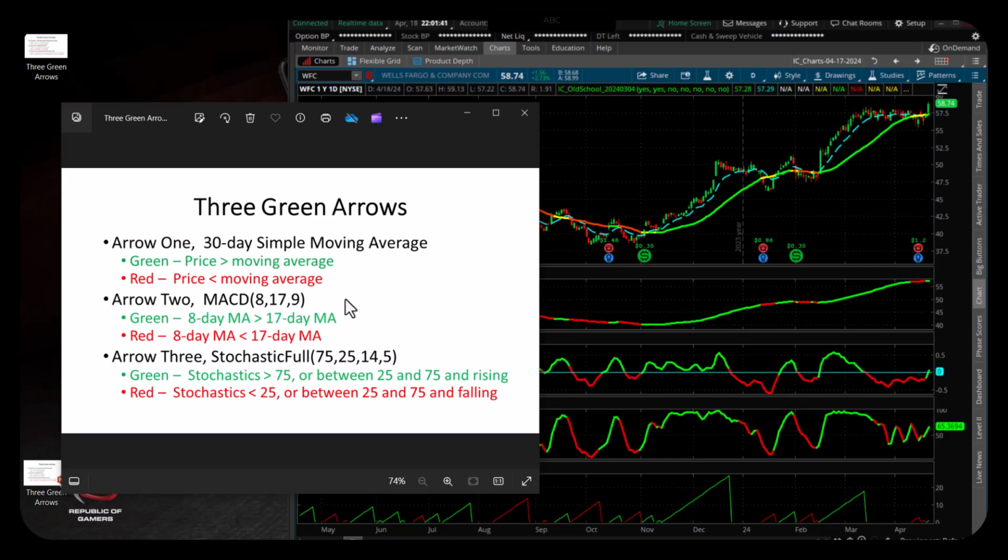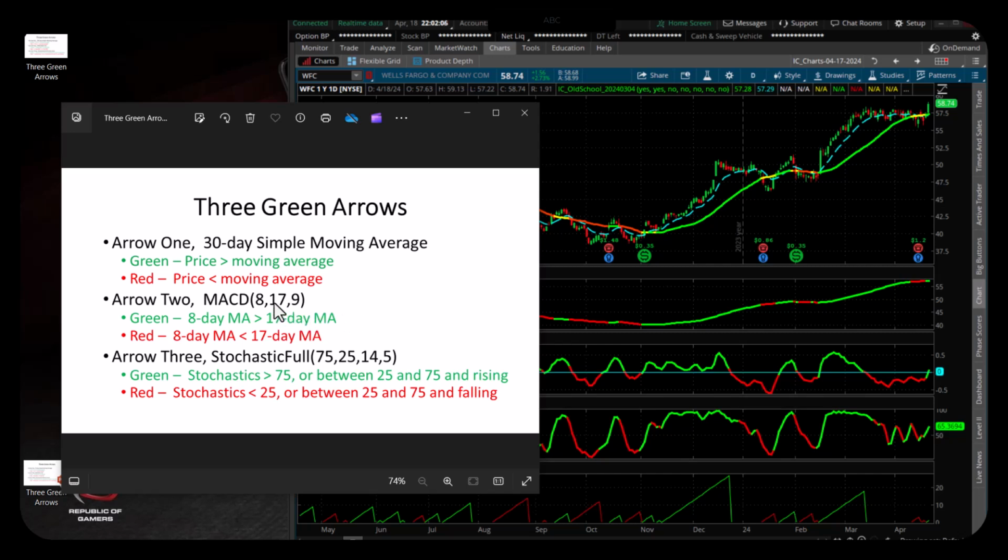The second strategy is for the MACD 8-17-9. Basically, it's just the 8 and 17 moving averages. If the 8-day moving average is greater than the 17-day moving average, then we get a green arrow.